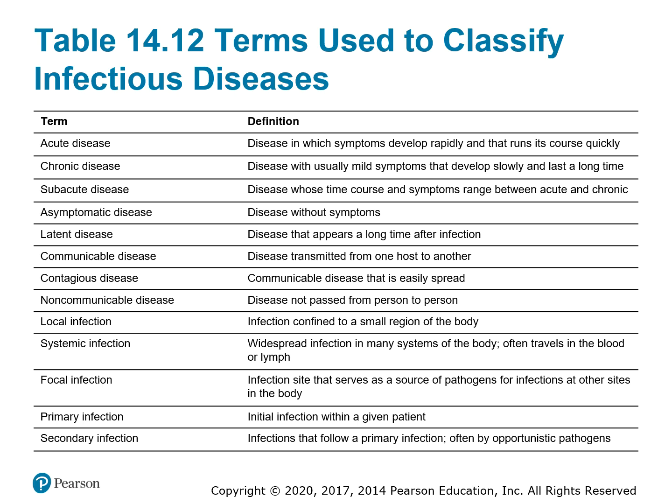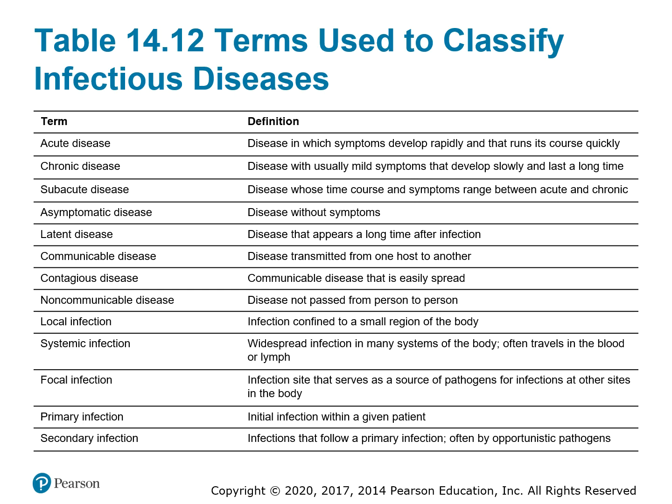Acute disease is a disease where the symptoms develop really quickly and then run their course pretty quickly, like a common cold. Chronic disease is when you have mild symptoms that develop slowly and last a long time. A subacute disease is one where there is a range of time course and symptoms between the acute and the chronic phase. Asymptomatic disease means you obviously don't have any symptoms.